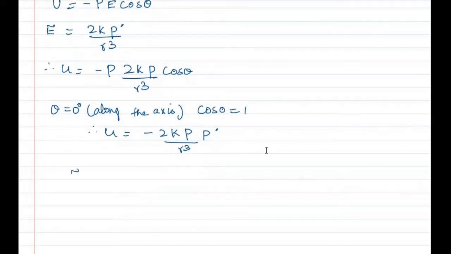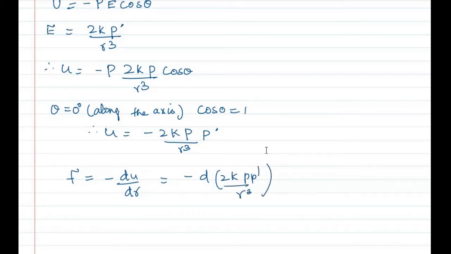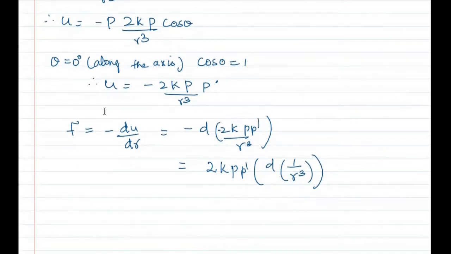Okay, now what is force? Force is equal to minus dU by dr. Just differentiate this, you get minus d of 2kP dash by r cube. You can take the constants outside, you get 2 into k into P dash times the differentiation of 1 by r cube. Here you have a minus sign, here you have a minus sign, so minus minus becomes plus.